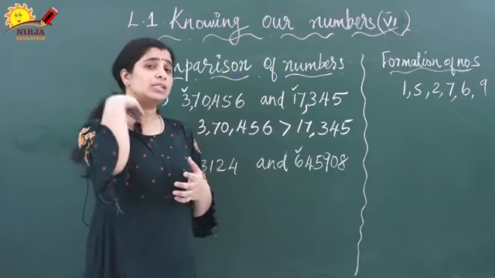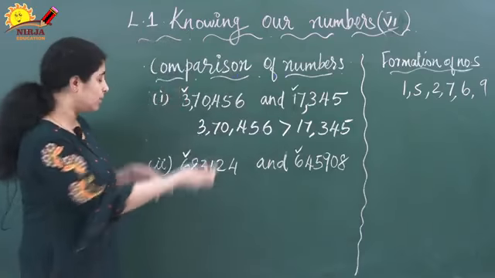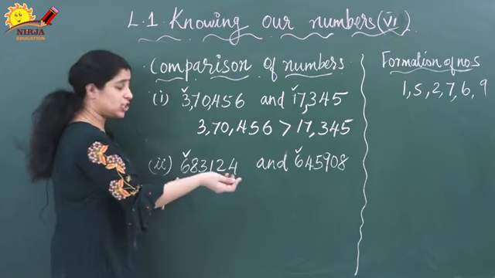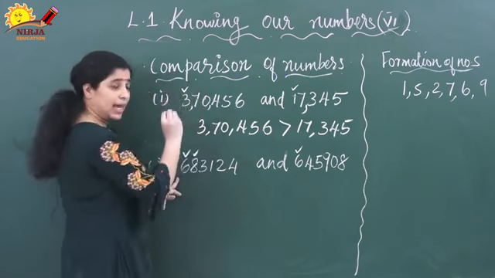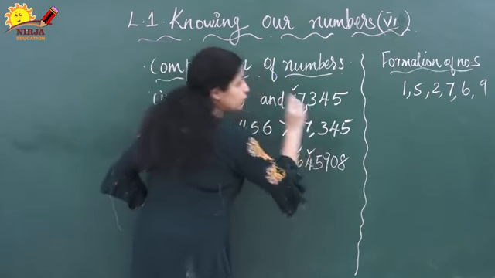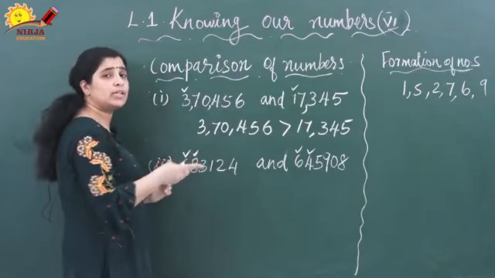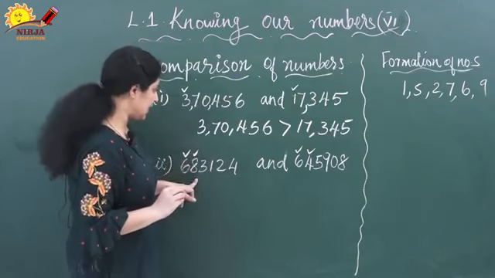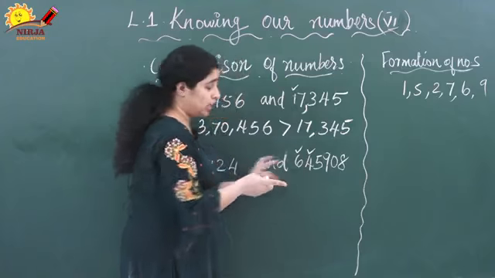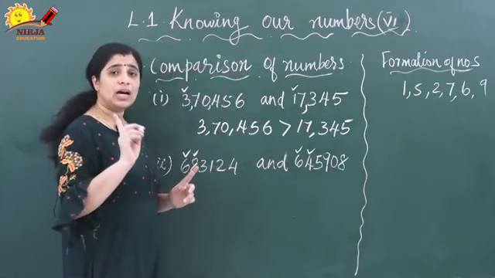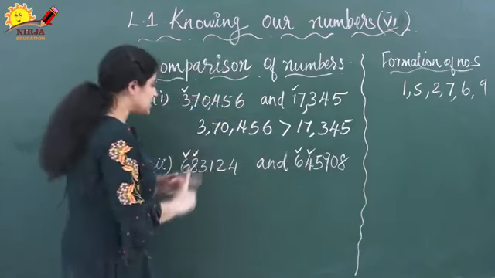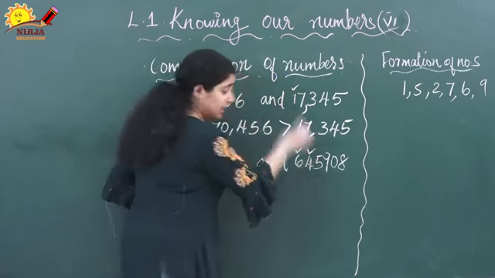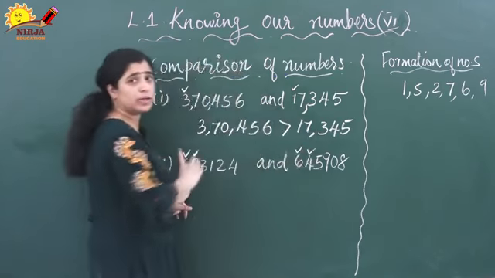Next we have to consider the next number, neighboring number of this one. Which is the next number? Here it is 8 and here it is 4. Yes, these two numbers are different here. So now consider which number is bigger. 8 is bigger or 4 is bigger?